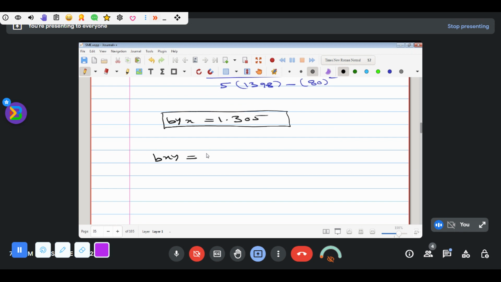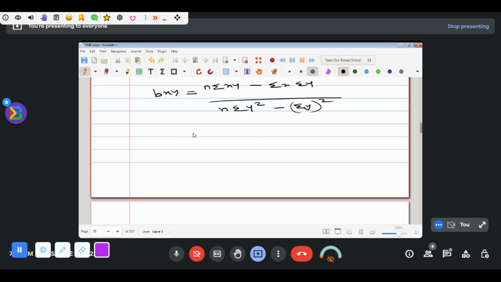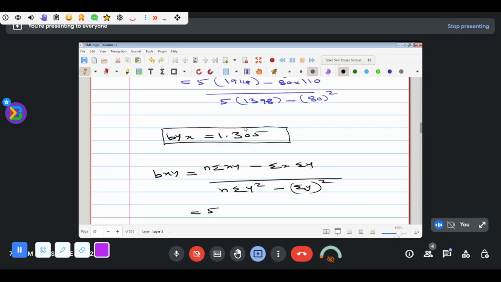Similarly, we can find the bxy value. Bxy equals the same numerator concept, n into summation xy minus summation x summation y, divided by n into summation y squared, not x squared, y squared minus summation y the whole square. Then simplify: n value is 5. The numerator is the same as the previous one, therefore I directly put 1914 minus 80 into 110. Only the denominator is changed.